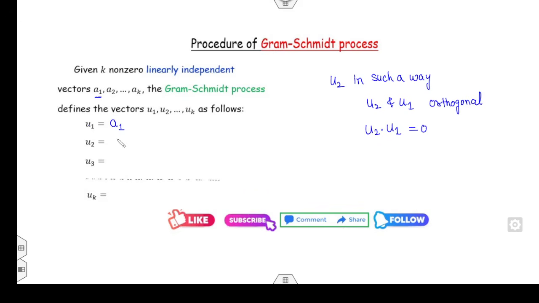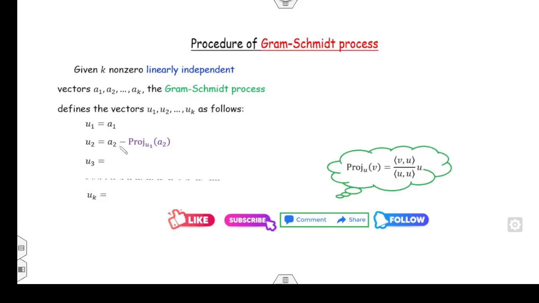So I can define the second vector u2. I can find the projection of the vector a2 on u1. Later on we will check whether this property holds or not. So u2 is a2 minus the projection of a2 on u1. Similarly, for a3, now you have two vectors.